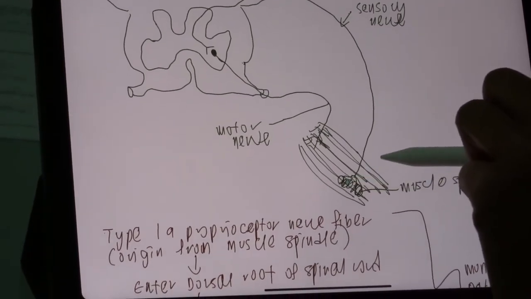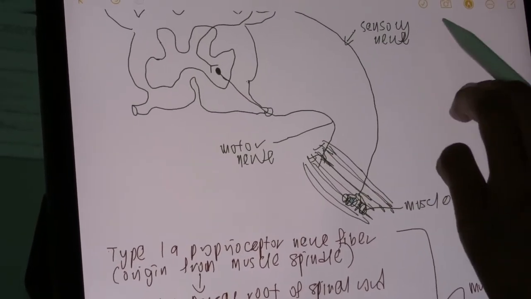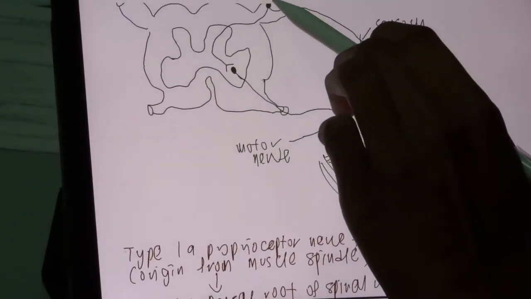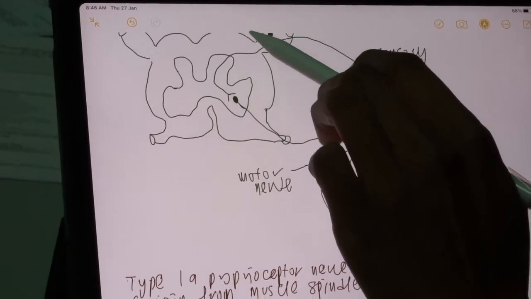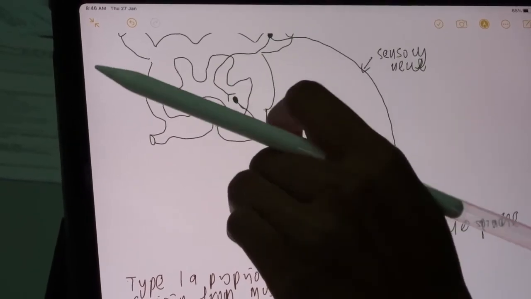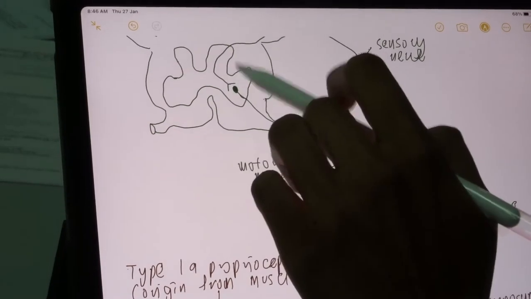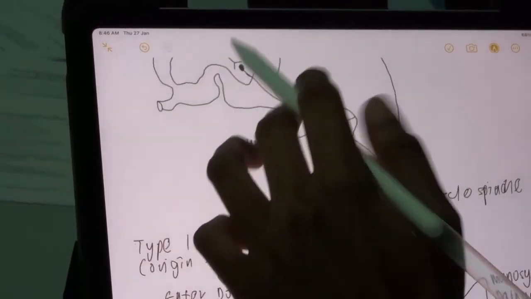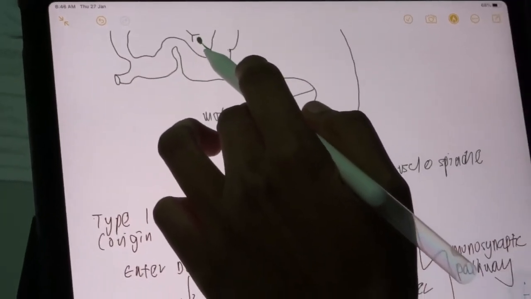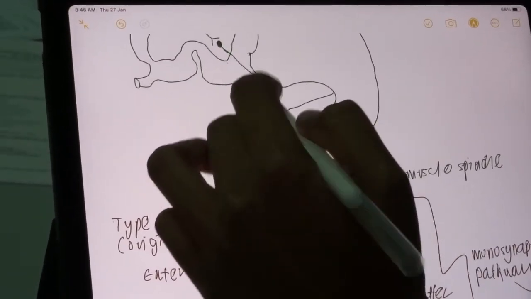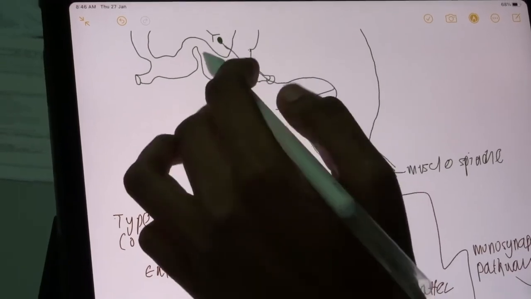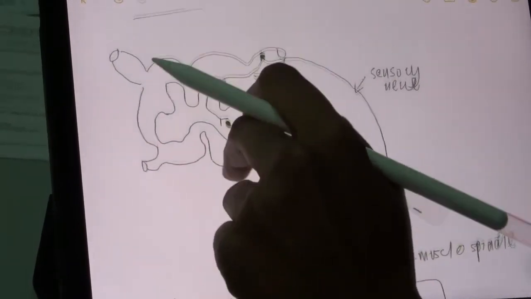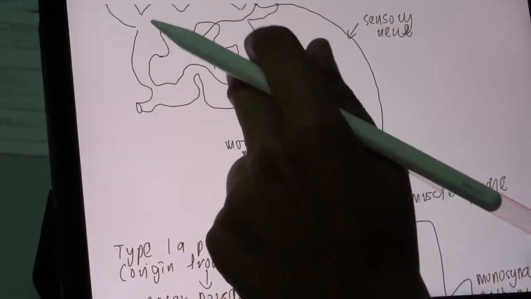It will enter through the dorsal root of the spinal cord, and then go to the anterior horn of the spinal cord, where it will synapse with the anterior motor neuron. This is the synapse. After that it will send a signal back to the same muscle. This is what we call a monosynaptic pathway, which means there is one synapse here.